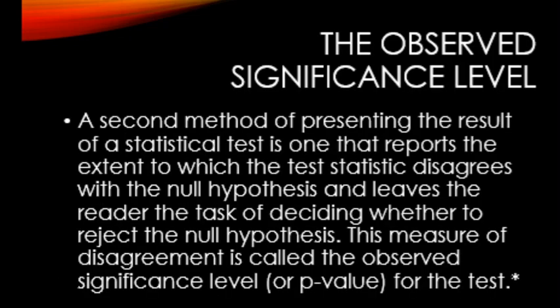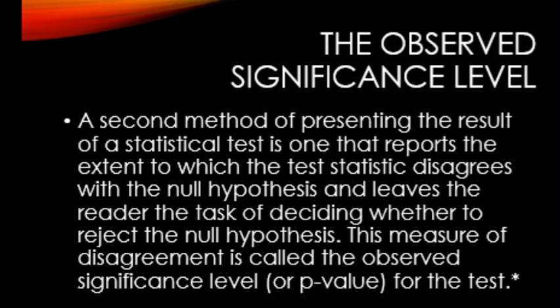So the method that we will discuss now is called the observed significance level. Here is how we use this method. The result of the statistical test reports to what extent the test statistic disagrees with the null hypothesis.